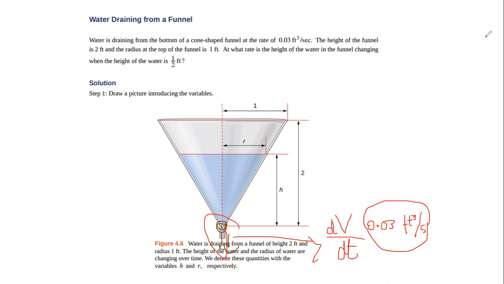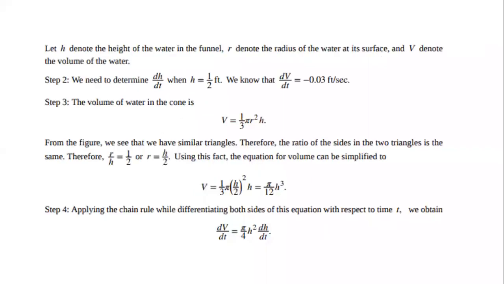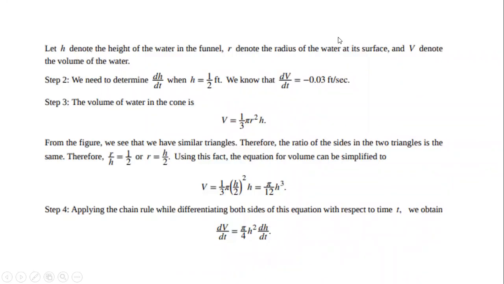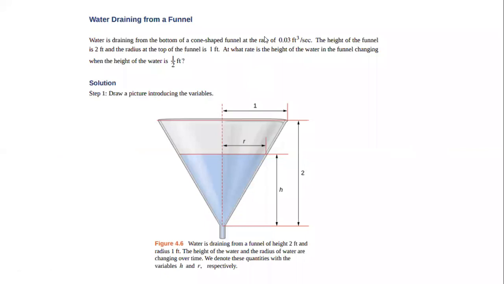So the next thing is, this is dV/dt. Now when there is draining, there must be a decrease in the volume. So the change in volume must be negative. Why? Again, when there is no drain, that is, there is a stopper, the height of the column or the volume inside is this.